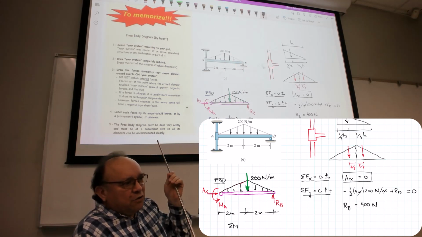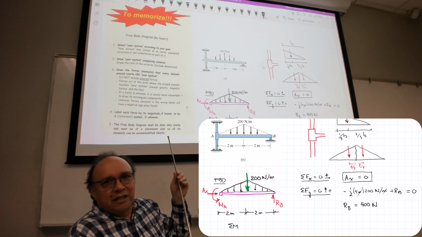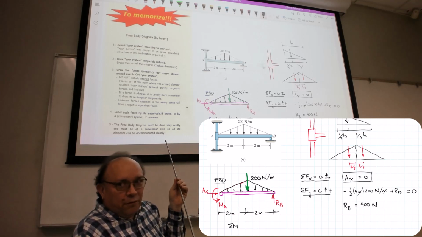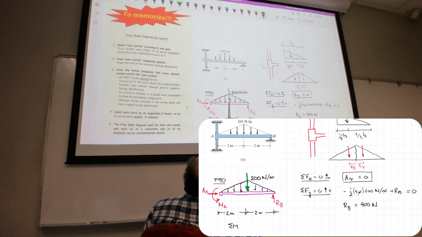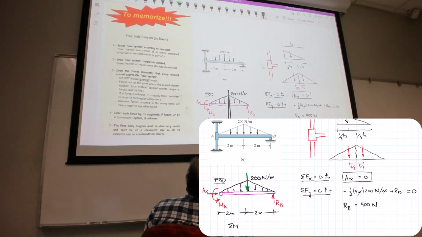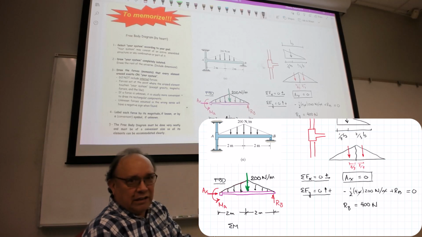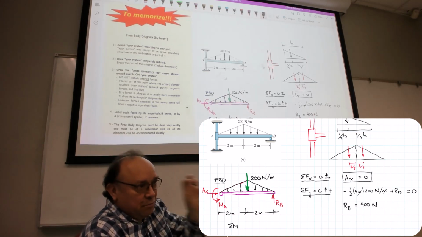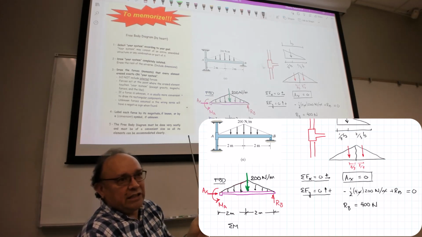So the trick to choose what point to use is the point that eliminates the larger number of forces. So I will choose this point here because I eliminate this force and I eliminate this force. So my equation is much simpler. Remember, I'm very lazy for algebra. So the simpler the equation, the better for me, less mistakes I make.